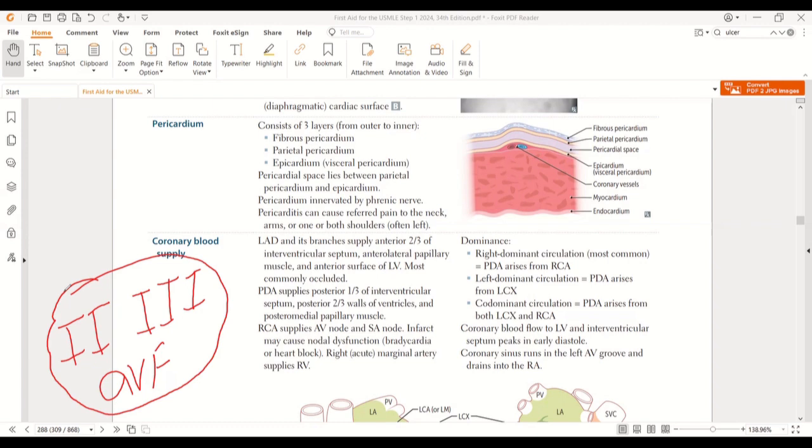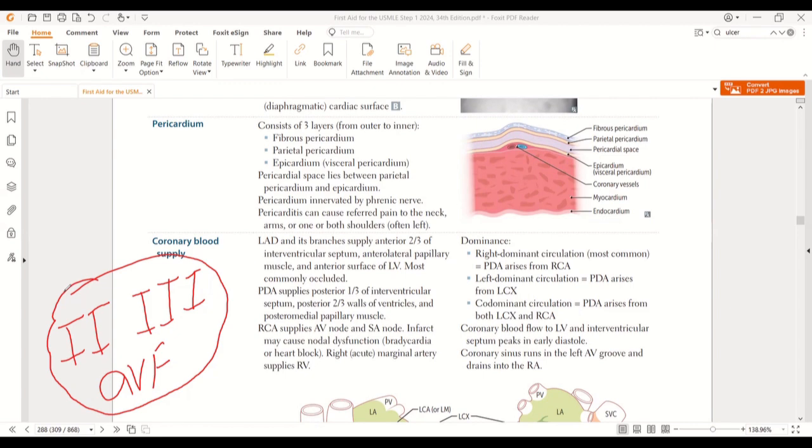The right coronary. So they ask you this anatomy by giving you the myocardial infarction scenario, giving the ECG. First, you have to find the elevation in leads II, III, aVF in the ECG.